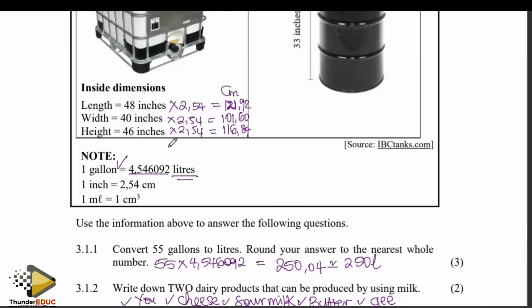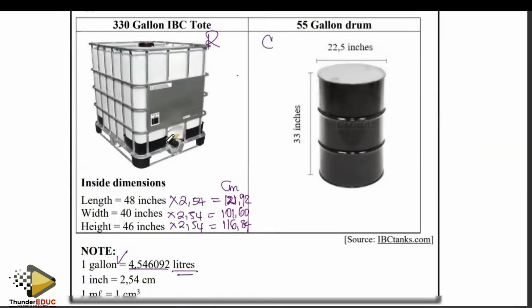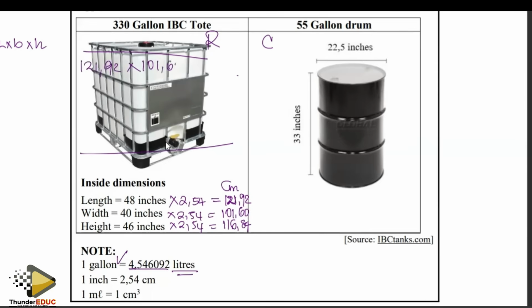So we go ahead and look for the volume now. The way you see it, it's a rectangular prism, so its volume will equal L times B times H. You see that? So we are saying volume. Our length is 121.92 times 101.60 times 116.84.